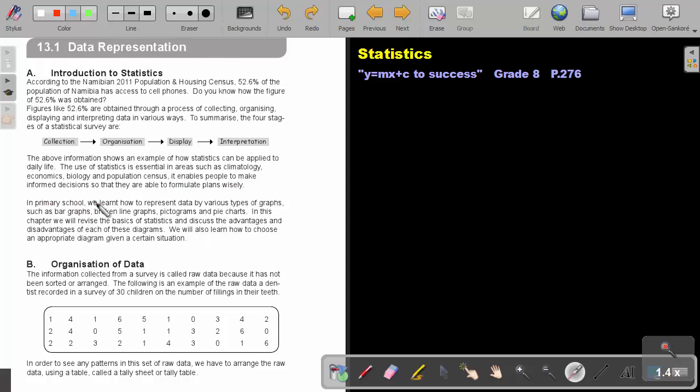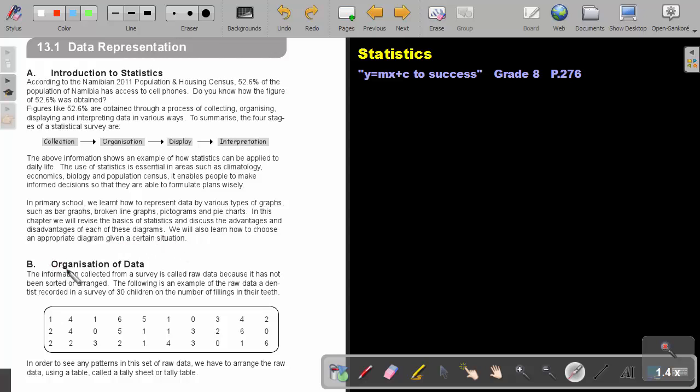In primary school, we learned how to represent data by various types of graphs, such as bar graphs, broken line graphs, pictograms, and pie charts. In this chapter, we will revise the basics of statistics and discuss the advantages and disadvantages of each of these diagrams. We will also learn how to choose an appropriate diagram given a certain situation.